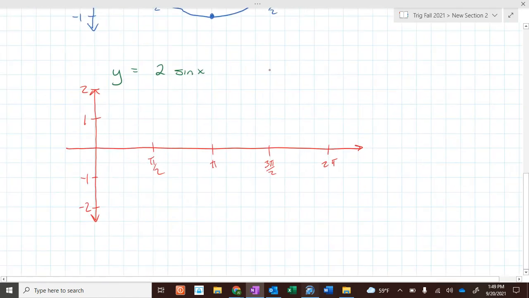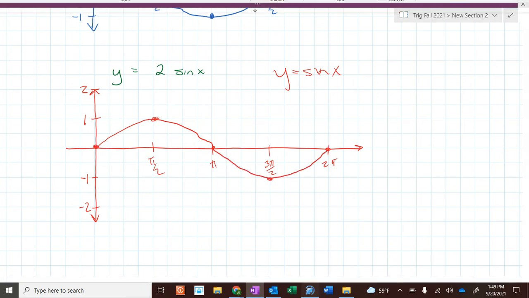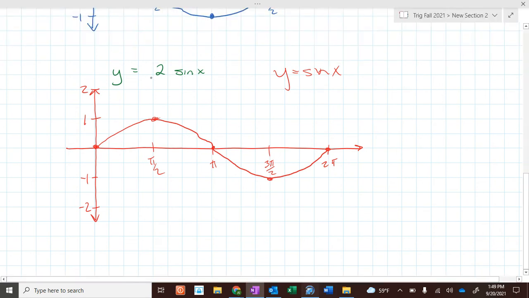Really? Y equals sine of x. I want you to graph the normal sine curve. Where's the normal sine curve? 0, 1, 0, -1, 0. So I want you to graph the normal sine curve. And then the amplitude on this one is 2. That means it's twice as high, twice as low.